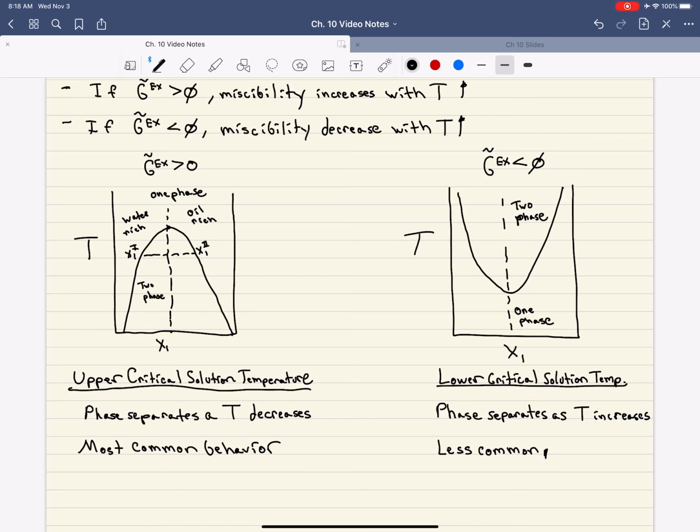In order to get that to happen, you need very specific types of molecular interactions between the species in the mixture. But I would say that these sorts of systems are desirable for many applications.